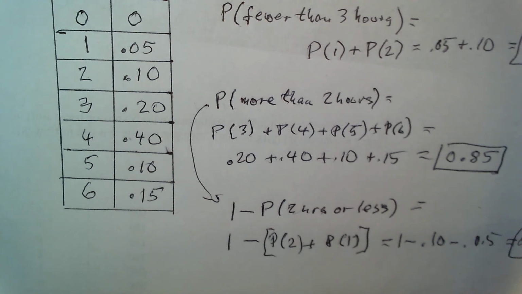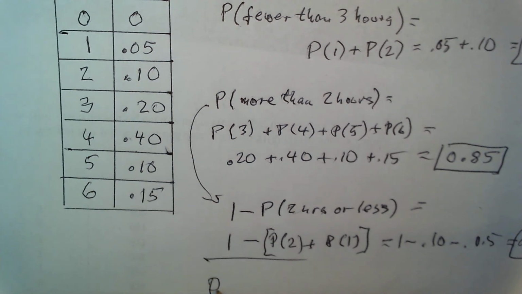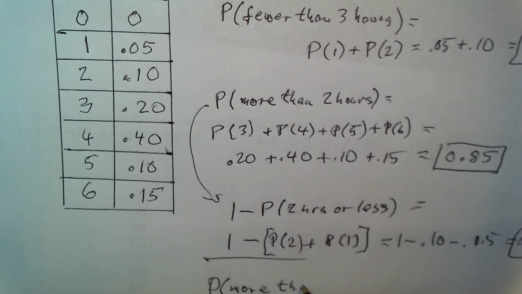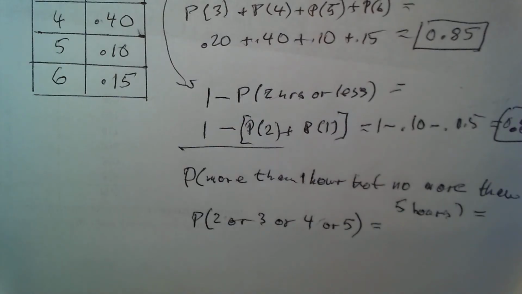And let's say, what about the probability of more than 1 hour, but no more than 5 hours? So, probability of more than 1 hour, so that would be equal to the probability of 2 or 3 or 4 or 5 hours.